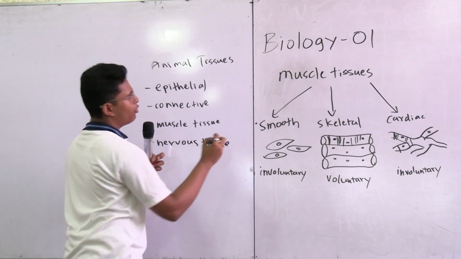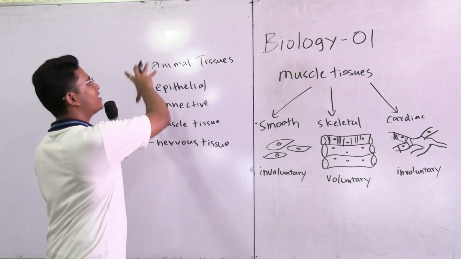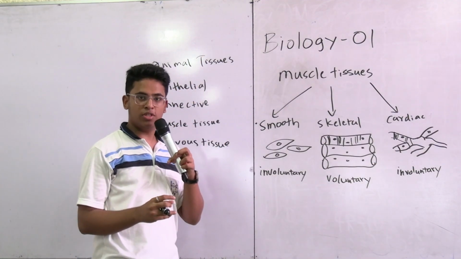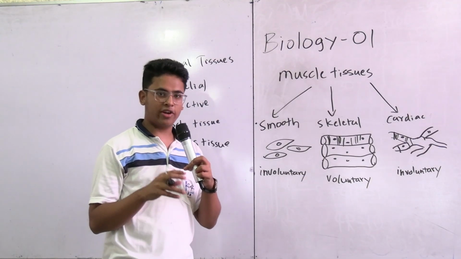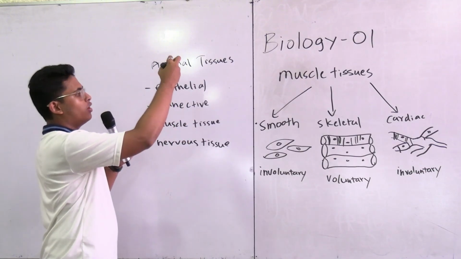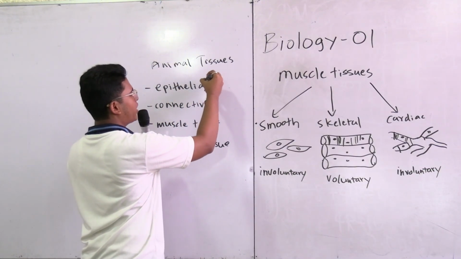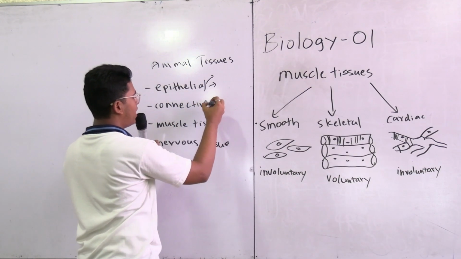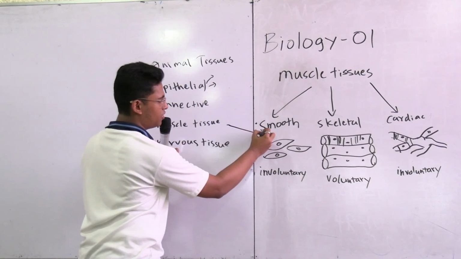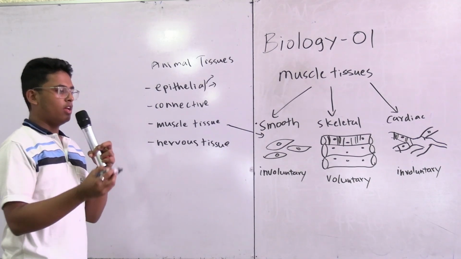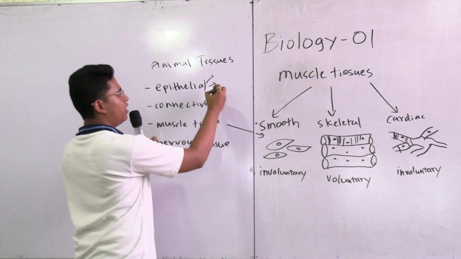So if you break down your topics into small flowcharts like this, it will be much easier for you guys to study this and cram this up for this short time period, sort of like a crash course program. So epithelial tissues also you can divide. You can expand these charts. So we talked about muscle tissues, and you can expand this like this. The one given in the diagram is simply an epithelial tissue.